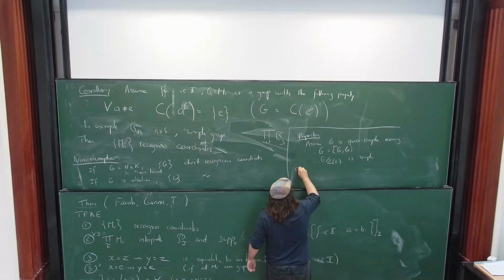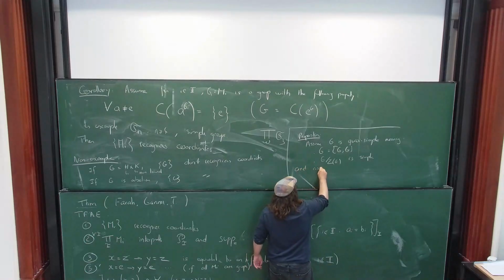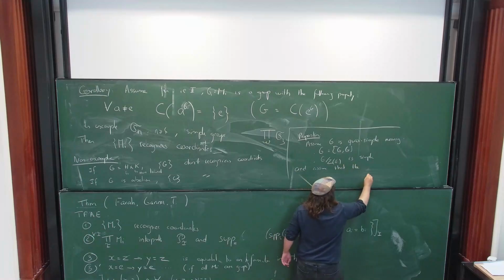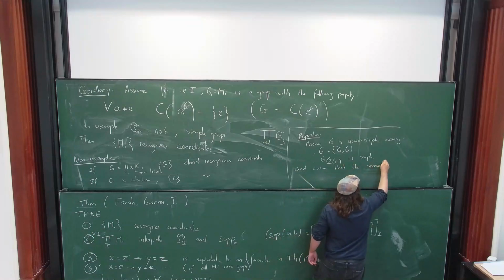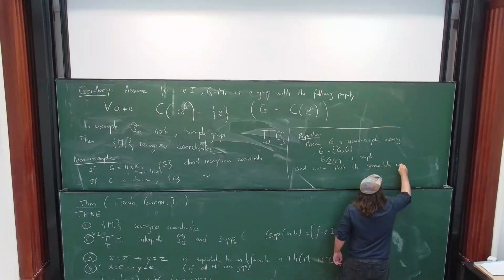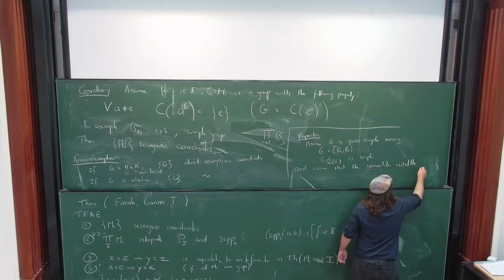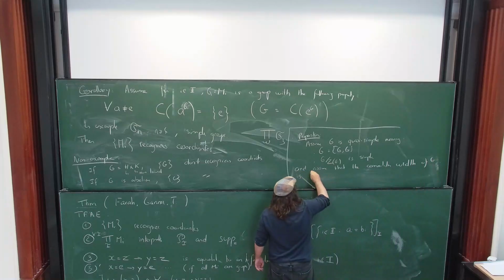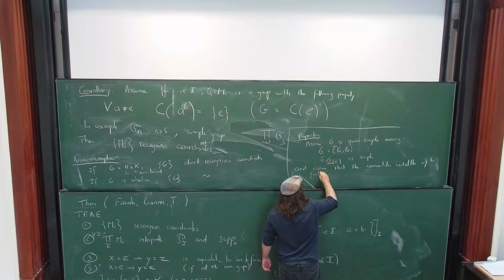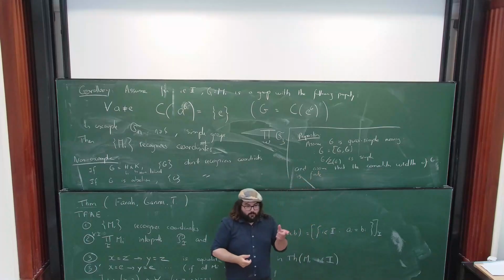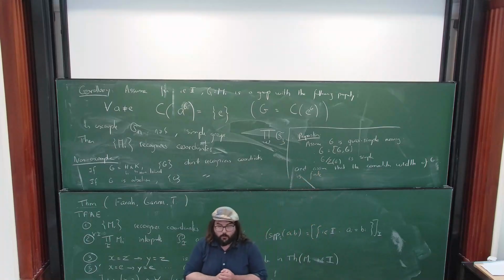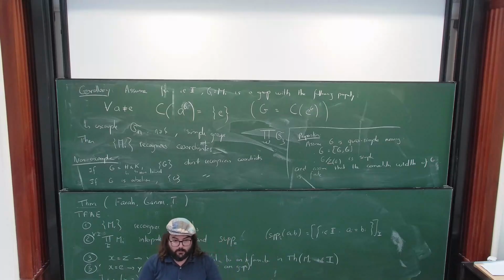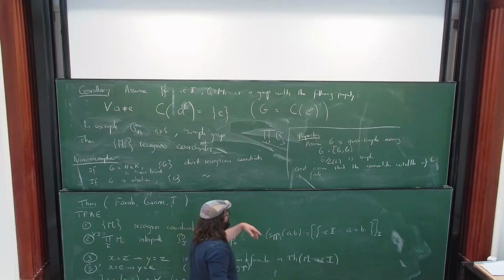And assume that the commutator width of G is finite. Every element is a product of commutators, and here you ask for a bound. The commutator width is finite. Then G recognizes coordinates.